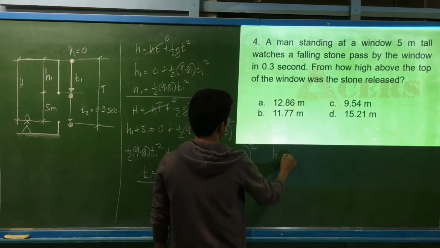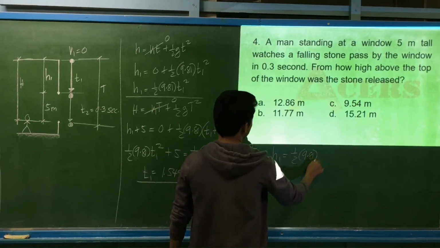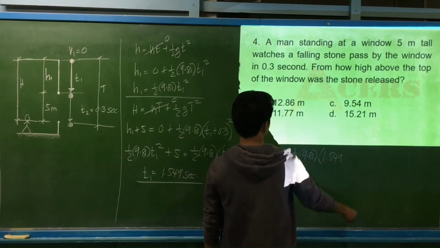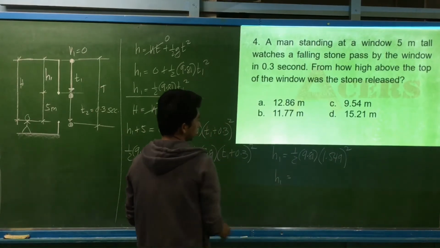So we have H1 is equal to, from this equation, 1/2 of 9.81 times the computed time number 1, which is 1.549, squared.